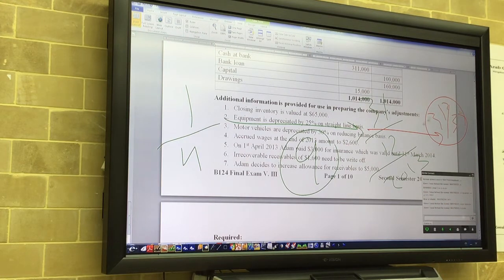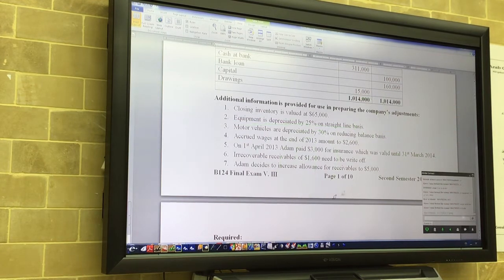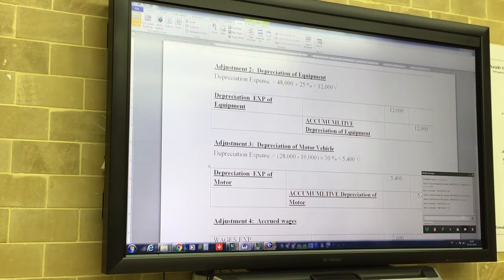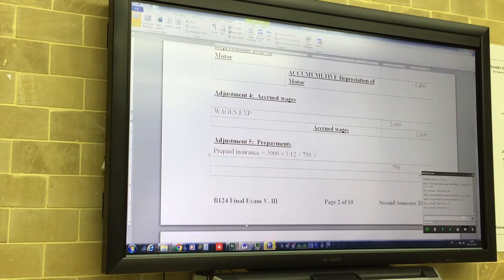So the payment was how much? 3,000. So now you will divide 3,000 by 12, multiplied by 3, so it will be 750. So we will prepare the adjustment entry: prepayment to insurance expense.